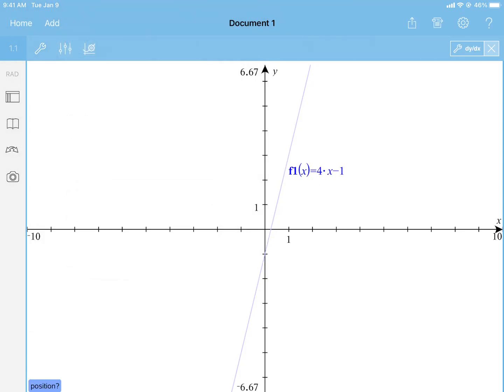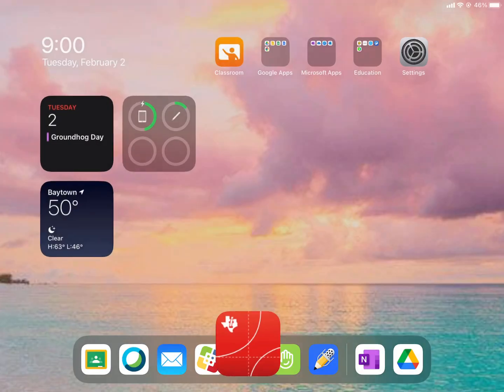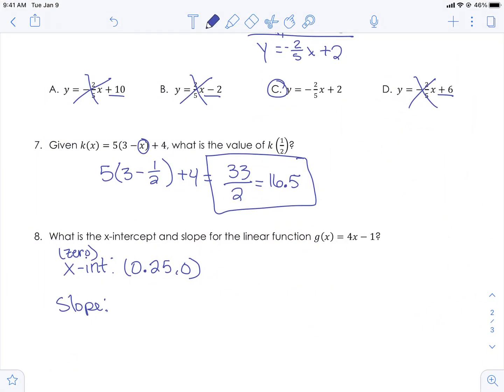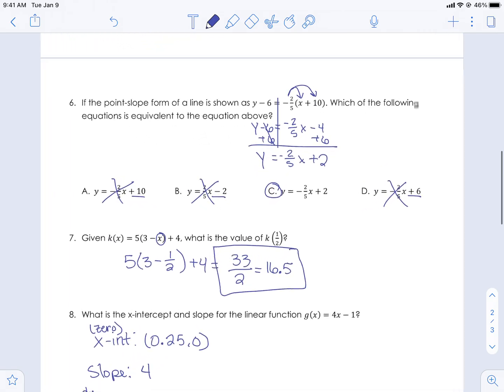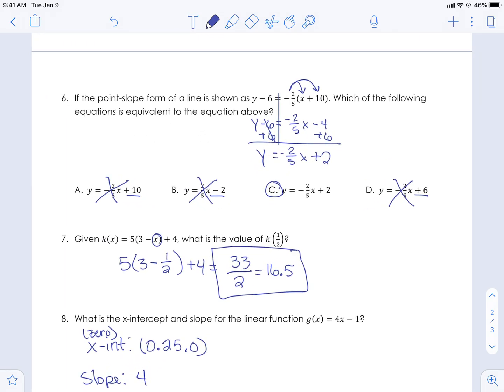And remember, we just tap on it and it tells us at that dot right there, no matter where we go, our slope is 4. So again, for the slope, it's the dy dx, like that.